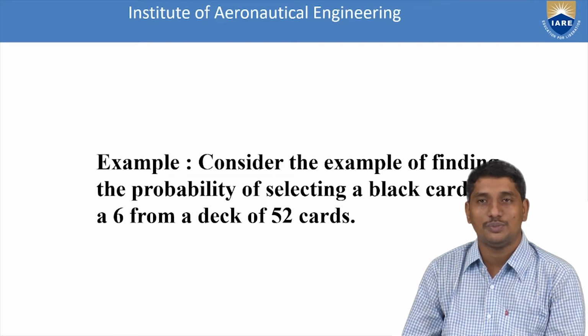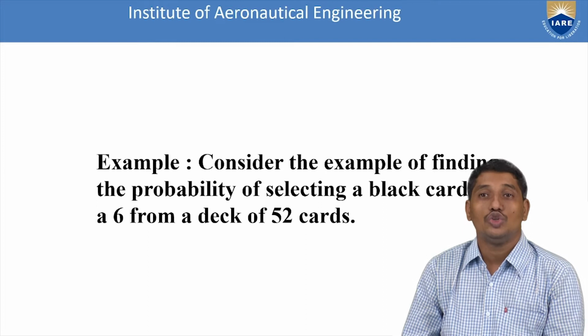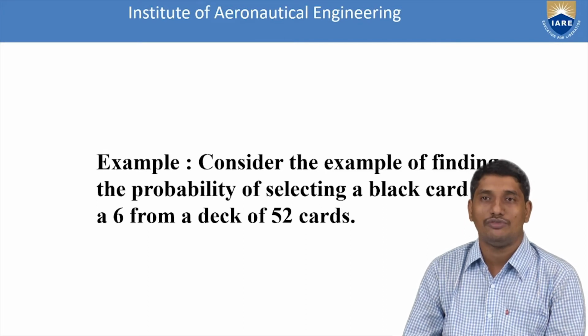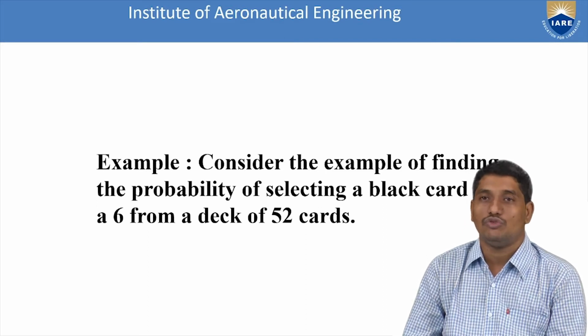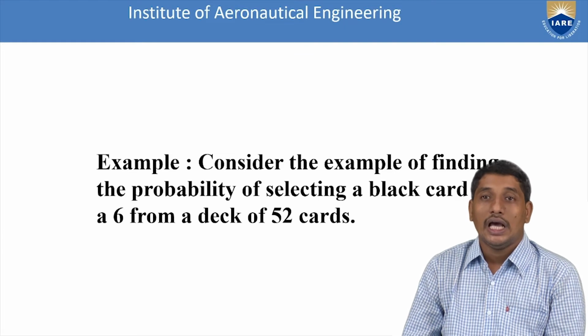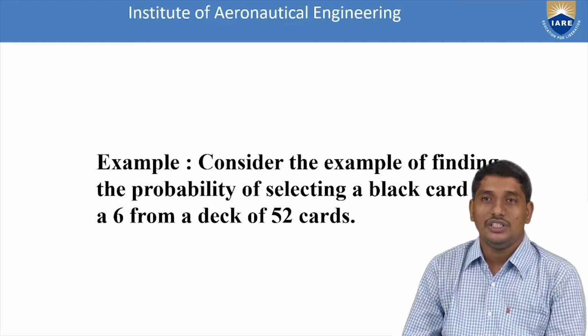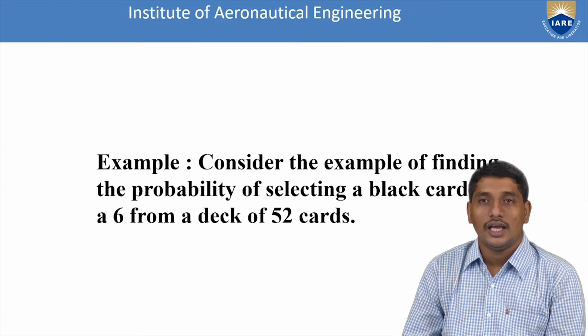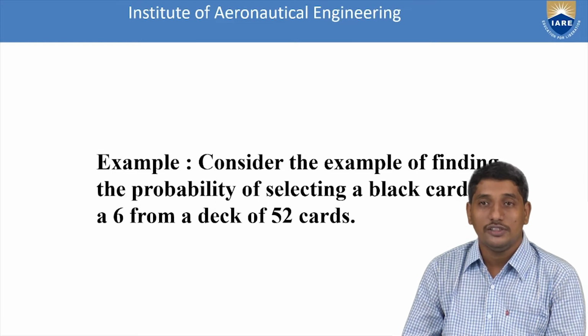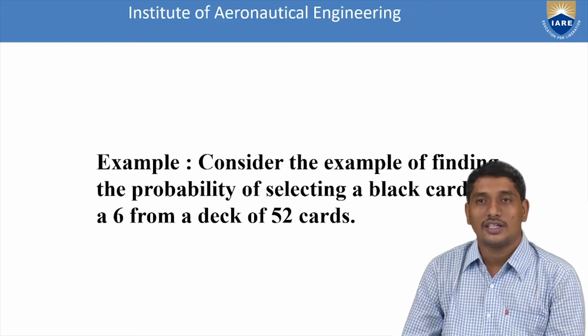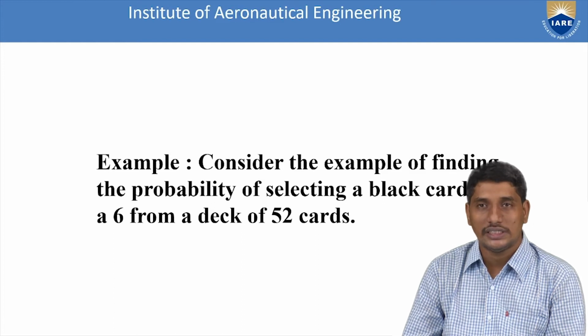It is known by a special name called ace. So ace is the special name of the card numbered 1. The card numbered 11 is known as jack, the card numbered 12 is known as queen, and the card numbered 13 is known as king.